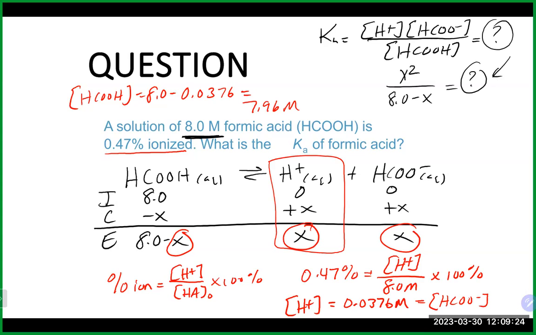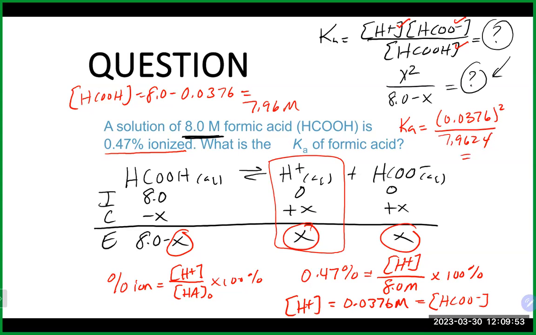Now we have everybody that we need. We now have this one's concentration at equilibrium, this one, and this one's concentration at equilibrium. That's going to allow us to put all those numbers into our Ka expression and get an actual number. If we do that, our Ka would equal 0.0376 squared divided by 7.9624.